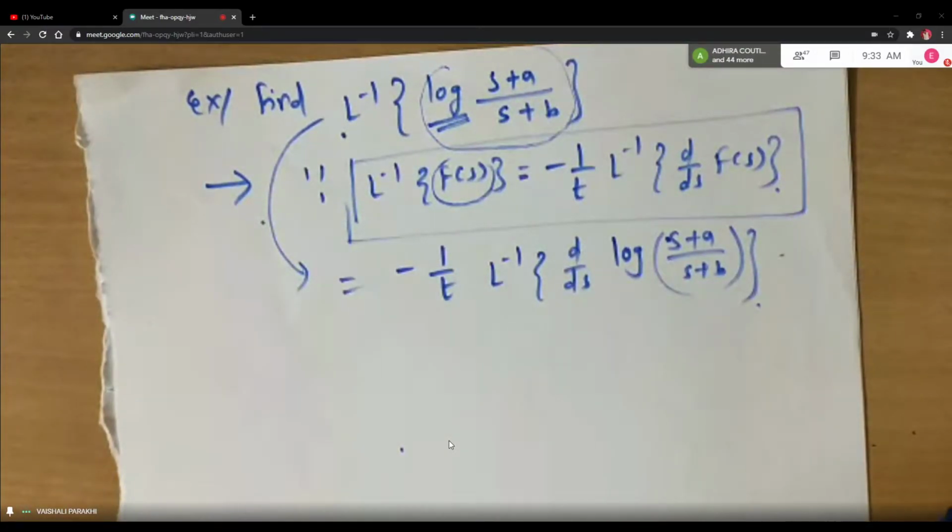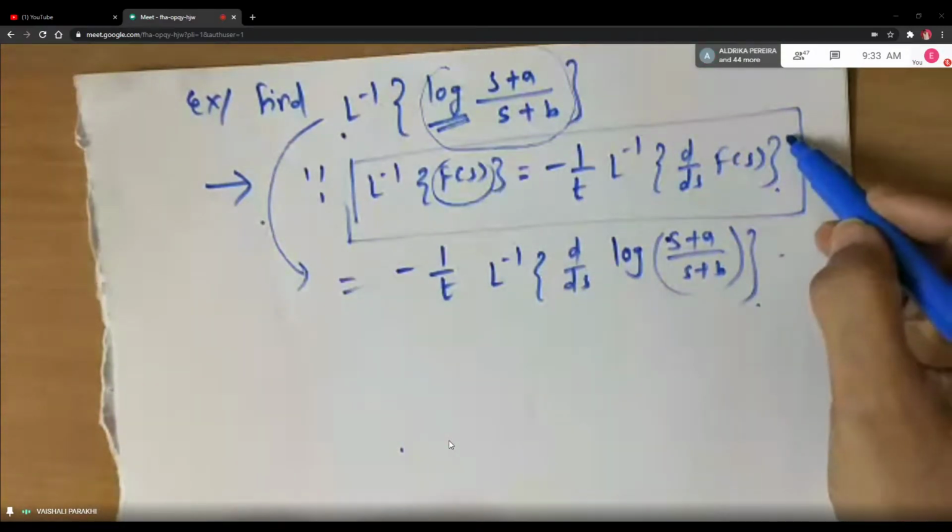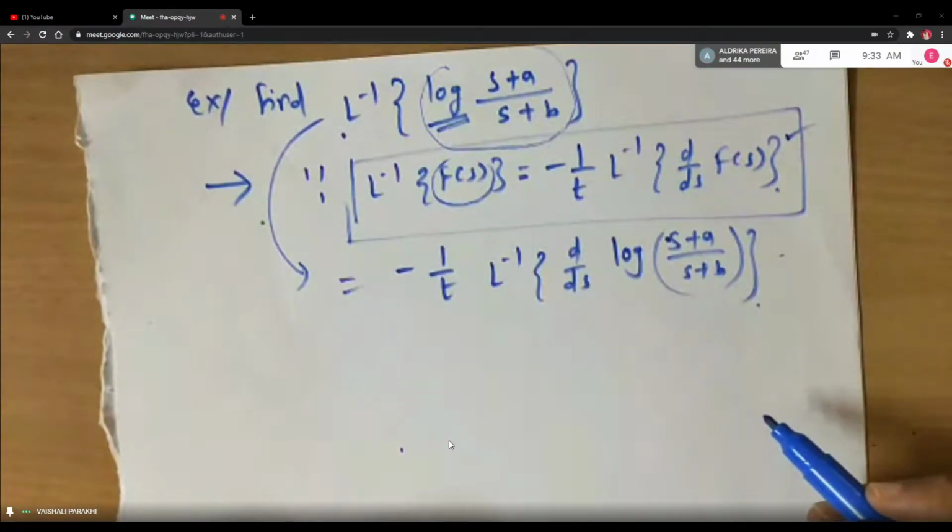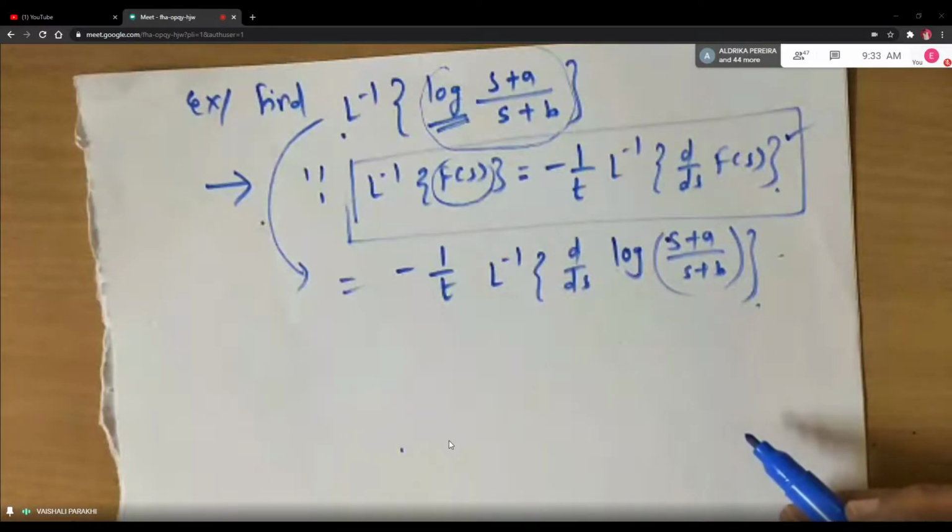So other than substitution of F of s, I have not done anything else. But to do this, you need to learn this formula by heart, and you need to remember when to go for this formula.